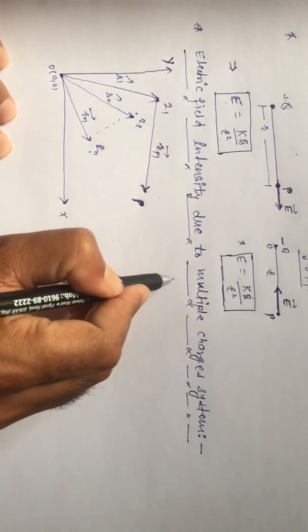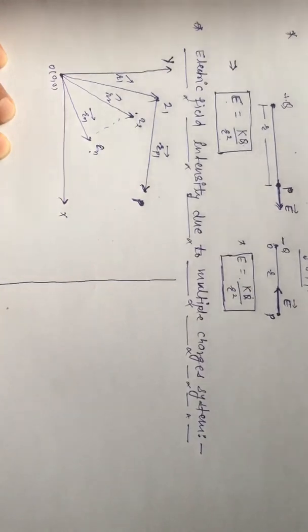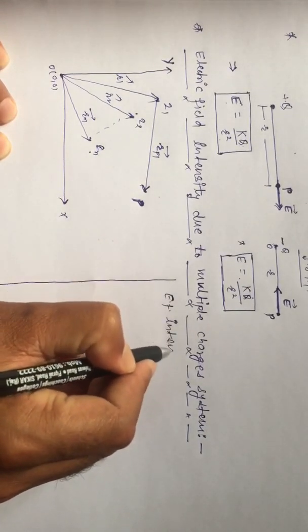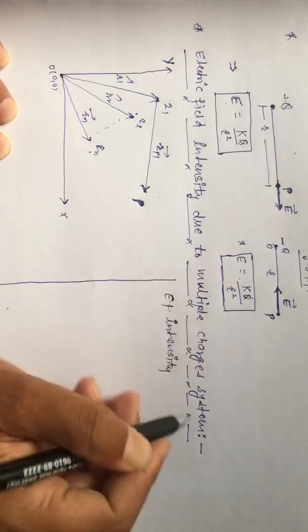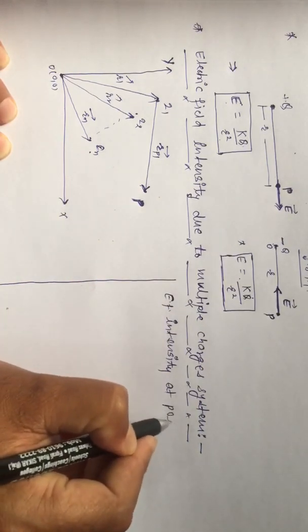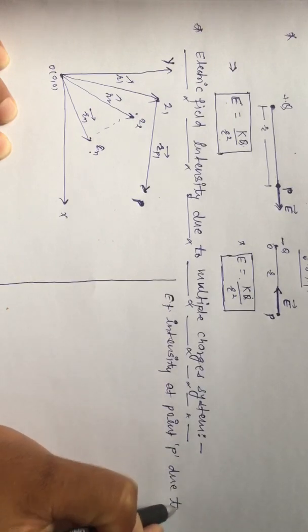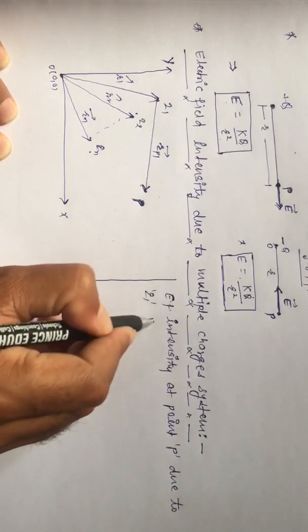Come to the point. Electric field intensity at point P due to Q1 point charge.